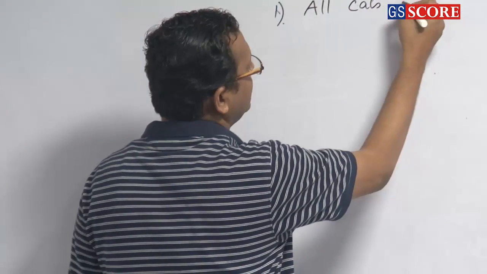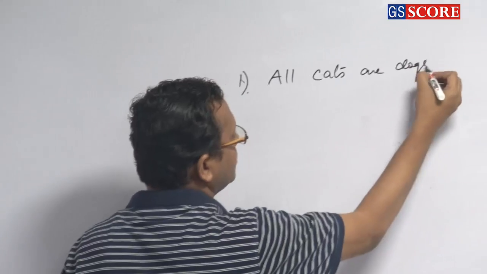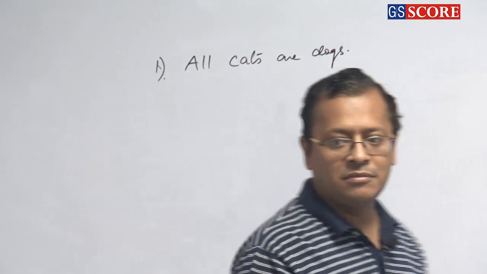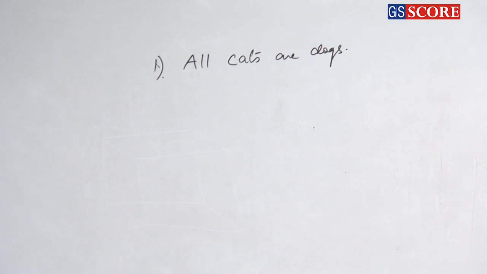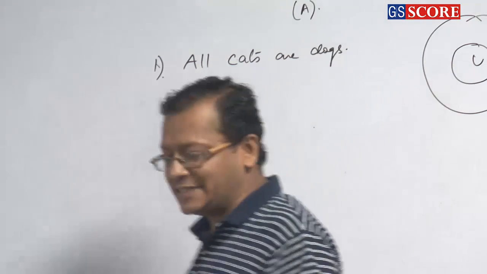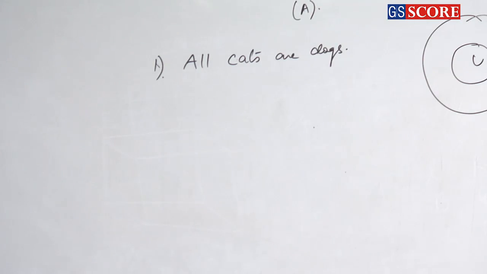all cats are dogs. How will you represent it in a Venn diagram? Clear or not? This is an A-type proposition. All cats are dogs.